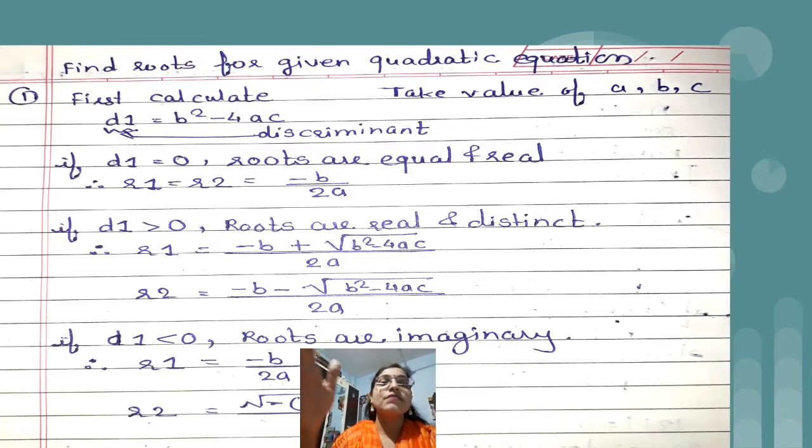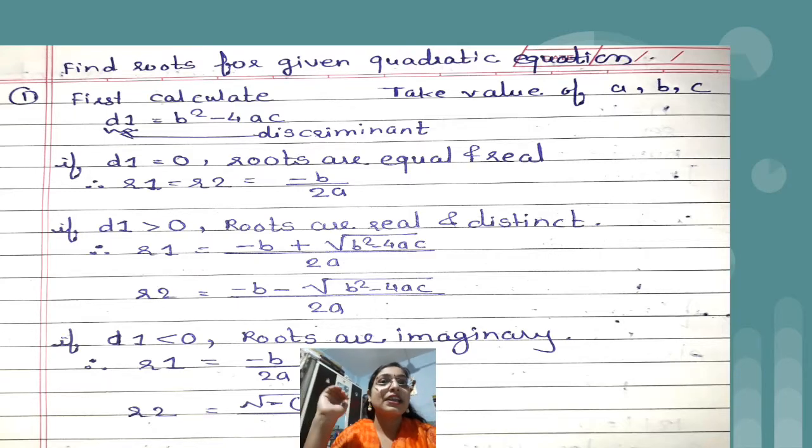For the same, first we will take the values of a, b, c in the respective text boxes. Then the first thing we will calculate is the discriminant value, d1 equal to b square minus 4ac. After calculating, if we get d1 equal to 0, then whatever roots we get will be real and equal.